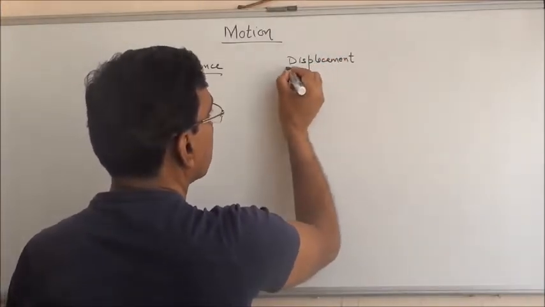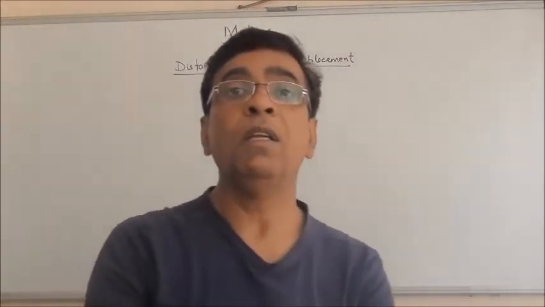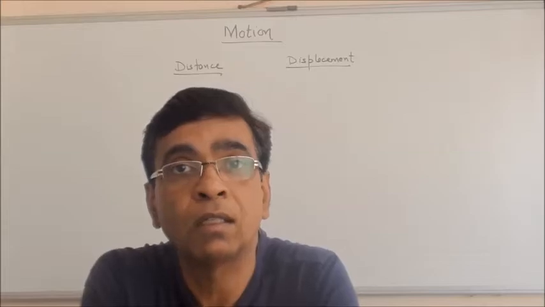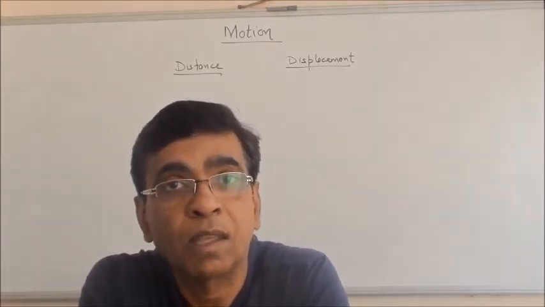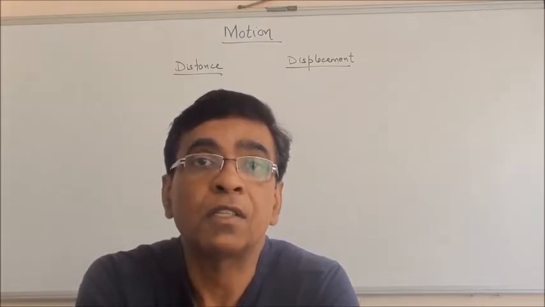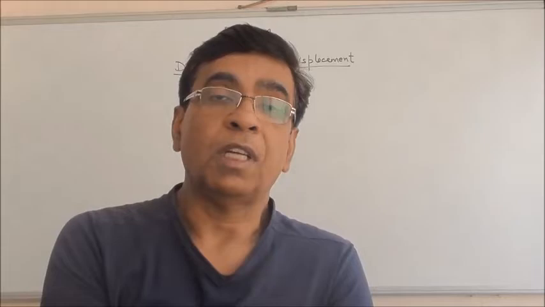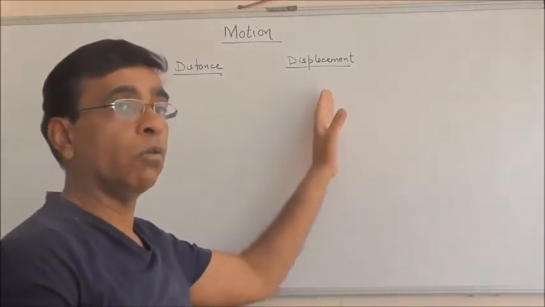It is displacement. So distance is the total length of the path covered, and displacement is actually the straight line distance between the final and the initial position. Actually this takes into account the direction.